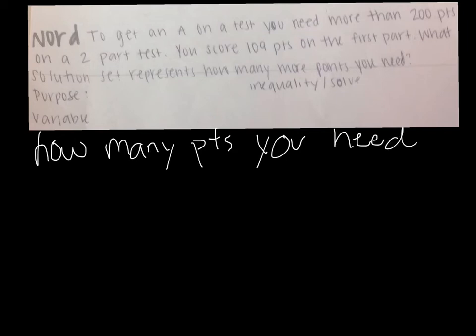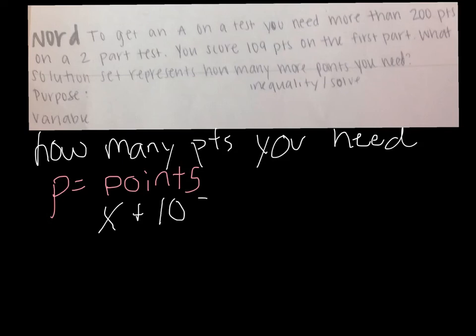The next thing you need to do is a variable, and we're going to use P for points. And now we need to do an inequality. So our inequality will start by x plus 109 is greater than 200.